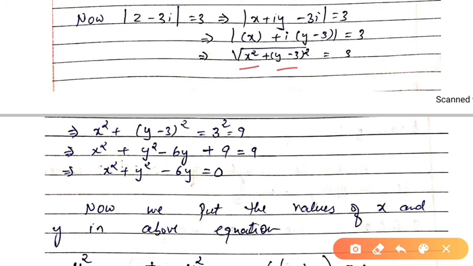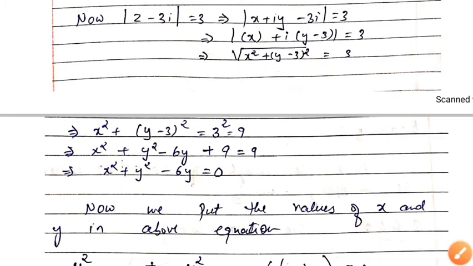Now to remove this square root, I will take the square on both sides. On the LHS the root is removed and we get 3 square, so 3 square is equal to 9.